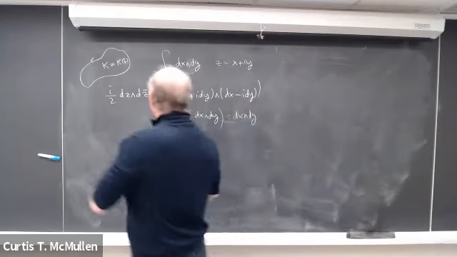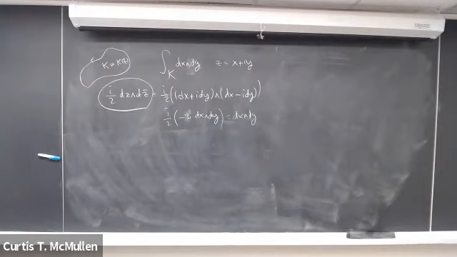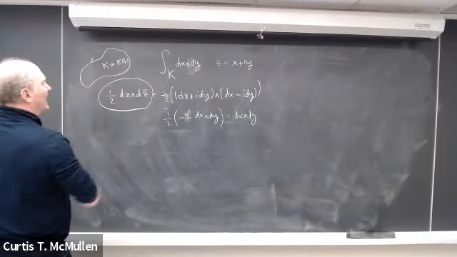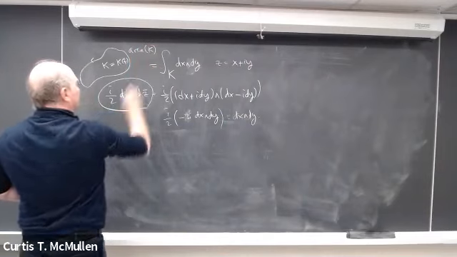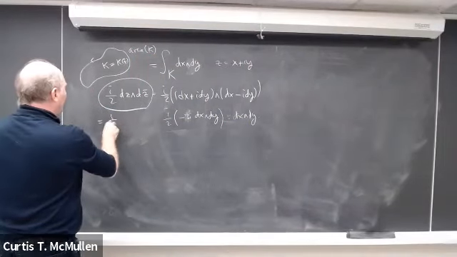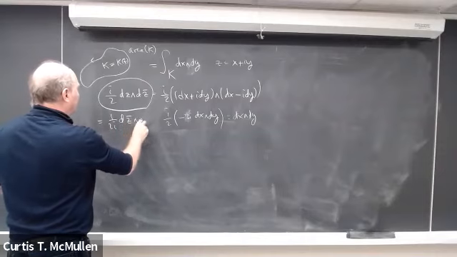Okay, so to compute the area, we often use this form, which is the same as dx dy. I should have said the area of K is equal to this integral. Or sometimes it's convenient to write it this way, dz bar wedge dz.